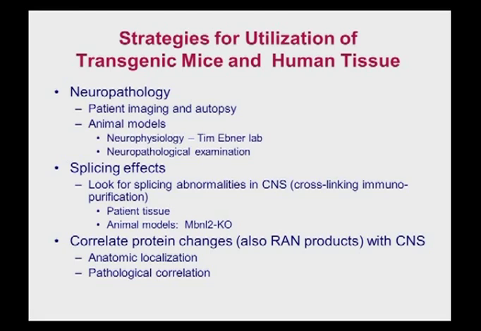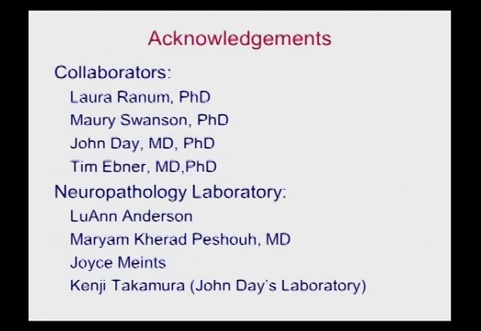If we can determine which proteins are abnormally spliced, we can look for their distribution in the brain and see if those brain regions tend to be affected more. If you can focus your exam somewhere, you may be able to find subtle differences that you would miss with a more generalized exam. We'll also be helping Laura with the RAN translation project in terms of localization of the abnormal polypeptide products generated by the RAN translation.